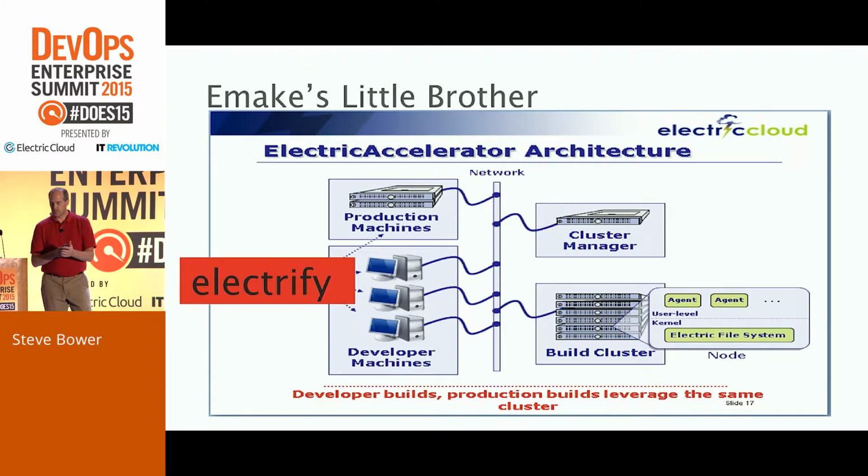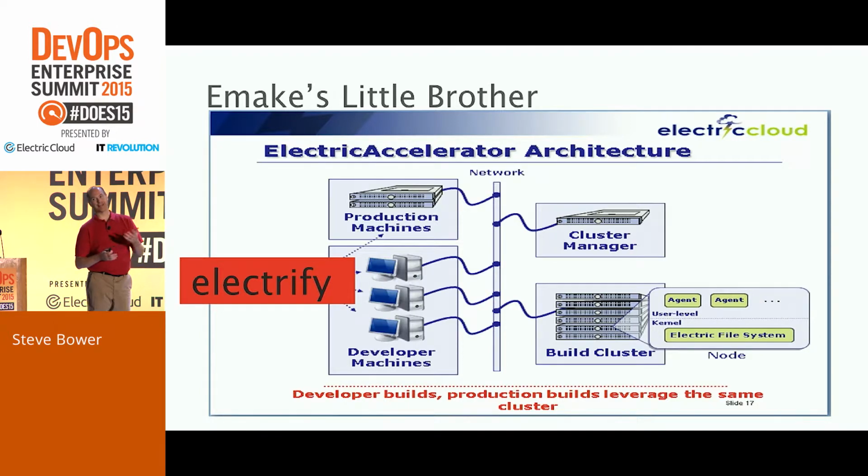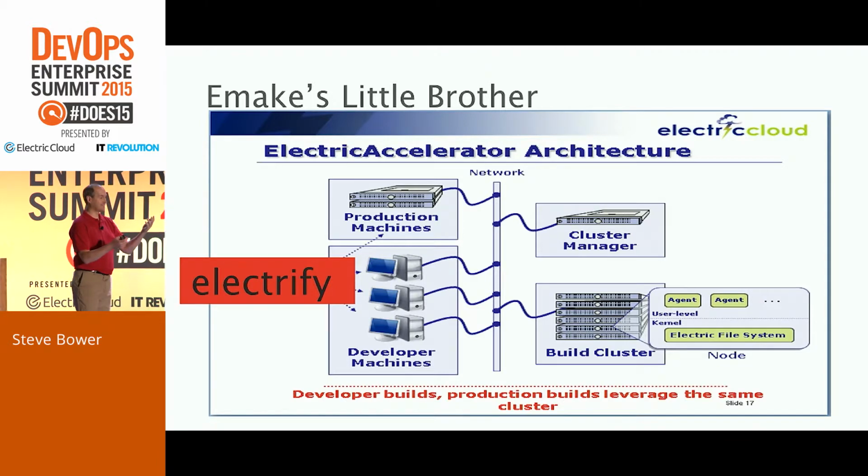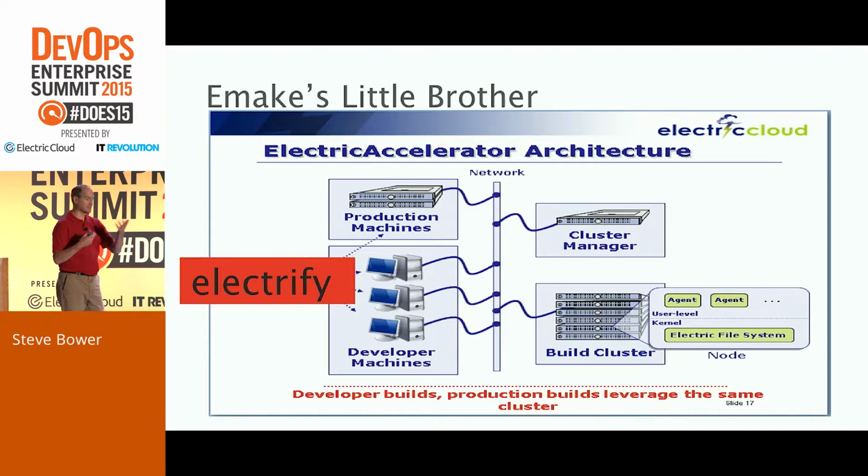Another key feature of Emake, I think, when you use it specifically for builds, is dependency management and dependency tracking. Since they have this file system underneath, they know exactly which files your build is accessing. So it can tell if you have what they call implied dependencies. I call them broken dependencies, because I'm not as nice as they are.